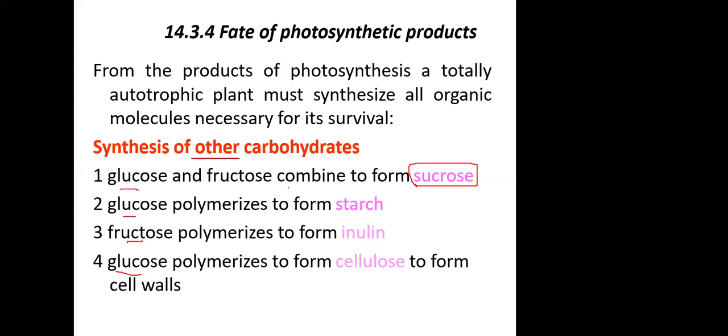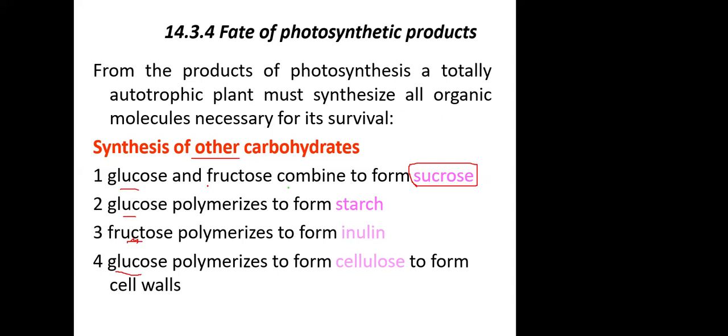If you remember from your chemicals of life, you know that we have two isomers of glucose, alpha and beta glucose, which are different because of the position of the OH group on carbon number 1. Okay, one of them is down, the other one is up. And that small difference results in different molecules that are formed thereafter.